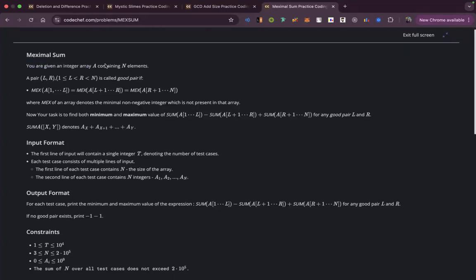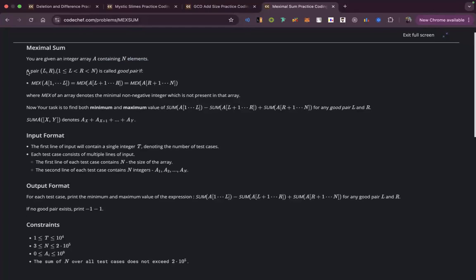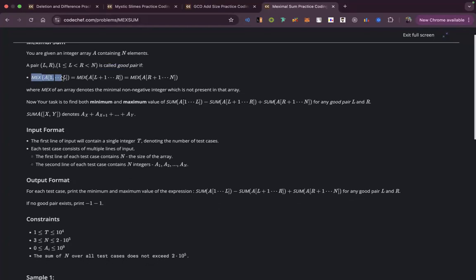You are given an array A containing n elements. A pair L, R is called good if mex of 1 to L is equal to mex of L plus 1 to R is equal to mex of R plus 1 to N, where mex of an array denotes the minimal non-negative integer which is not present in that array.